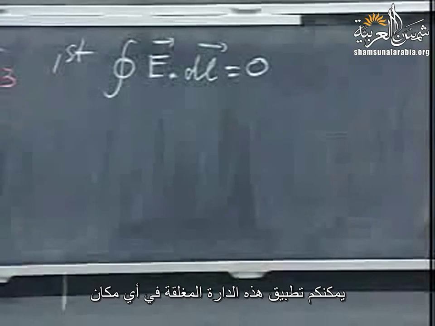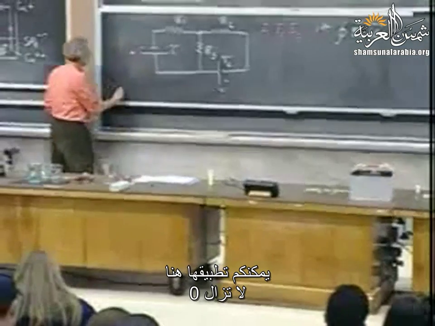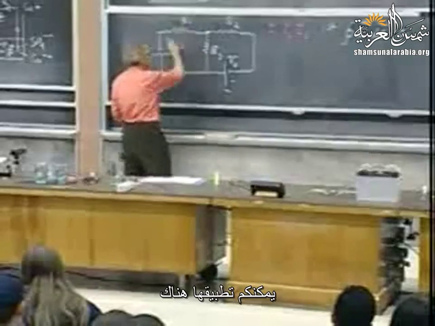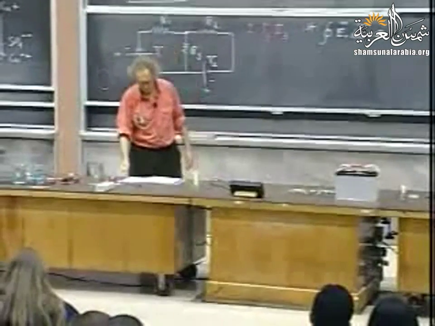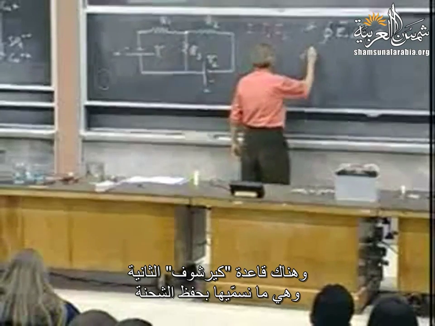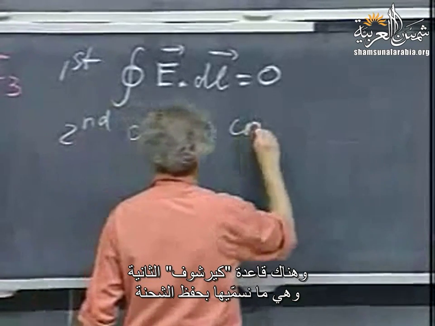And you can do this closed loop anywhere. You can even do it here, still be 0. You can do it here, also 0. You can do it there. No matter where you do it, that closed loop integral must be 0. And then there is the second Kirchhoff's rule, and that is what we call charge conservation.